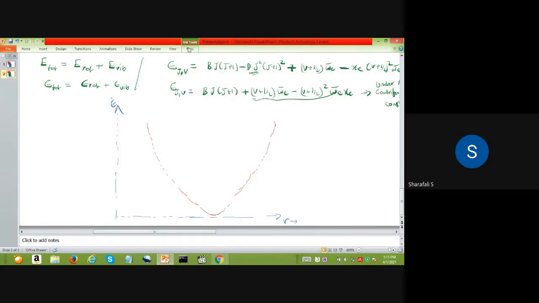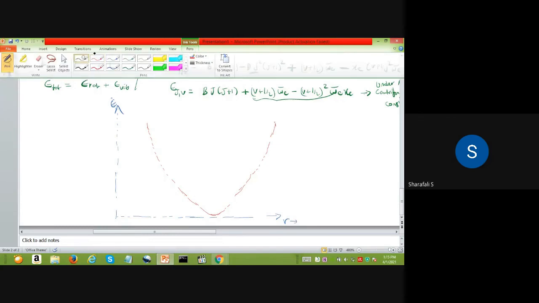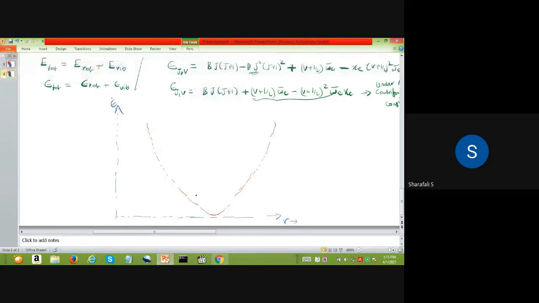So what will happen to this? Consider this is your v equal to 1 state, and then we have the v equal to 2 state somewhere here.